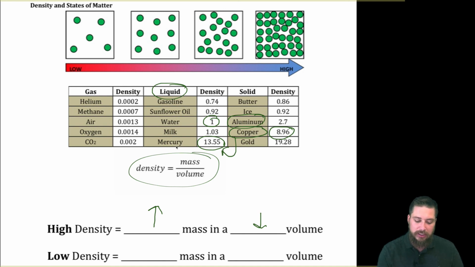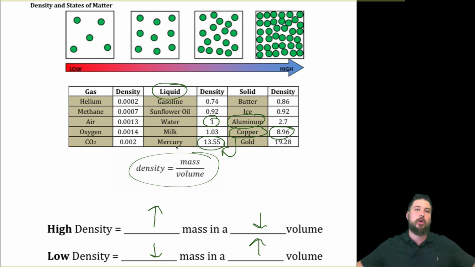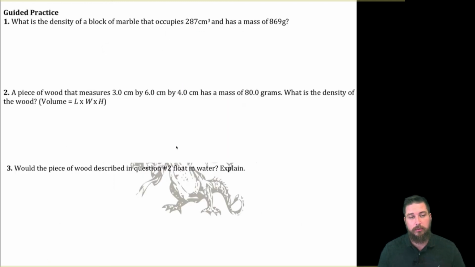Low density means you have a little bit of mass in a large volume. Gases tend to have very, very low density, as you can see on the chart there. Solids tend to have high density and liquids tend to be in the middle, although there are some exceptions, obviously, for example, mercury. So let's go ahead and take a look at some practice problems.